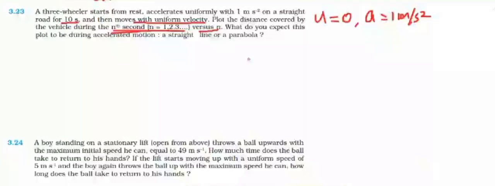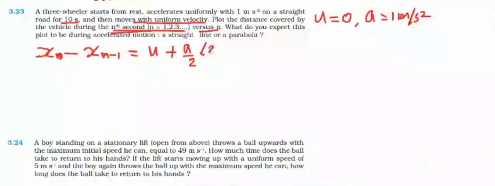Now here we need to use the formula for displacement in the nth second, which we have derived already. So x_n minus x_(n-1) is equal to, our formula is, u plus a by 2 into (2n minus 1).